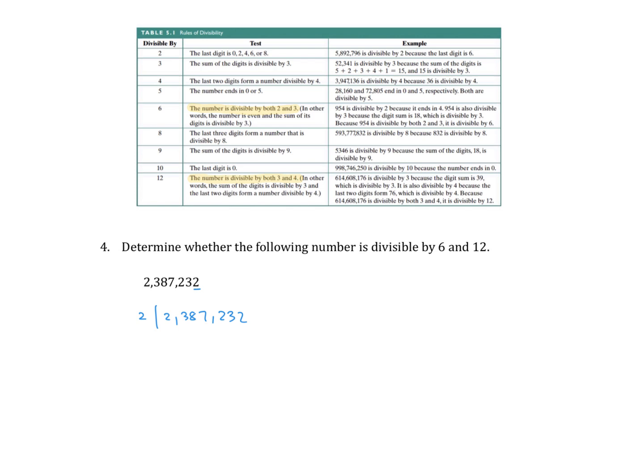And now I want to check and see if it's also divisible by 3. So for that, I need to add up the digits. 2 plus 3 is 5, plus 8 is 13, plus 7 is 20, plus 2 is 22, plus 3 is 25, plus 2 is 27. 27 is a multiple of 3, so the number is divisible by 3.